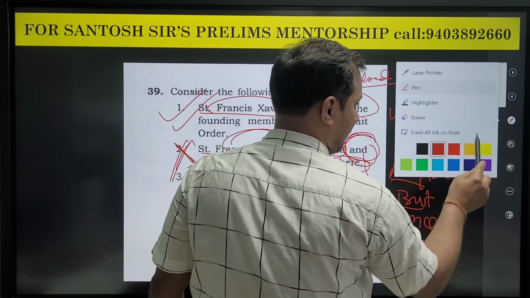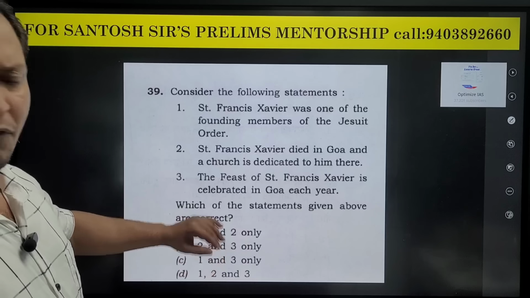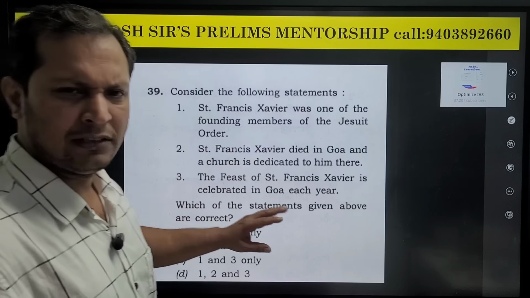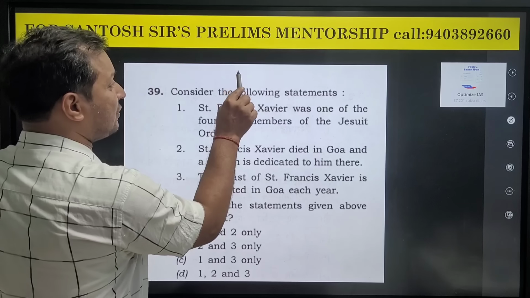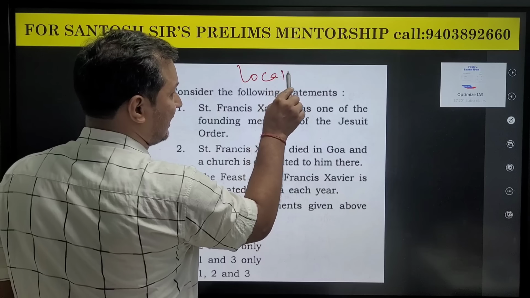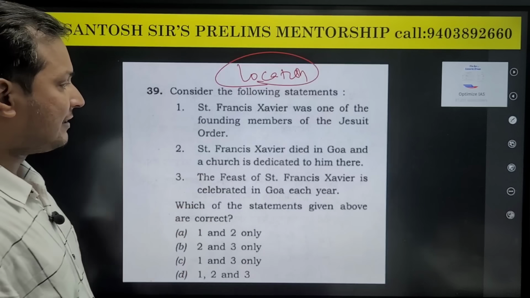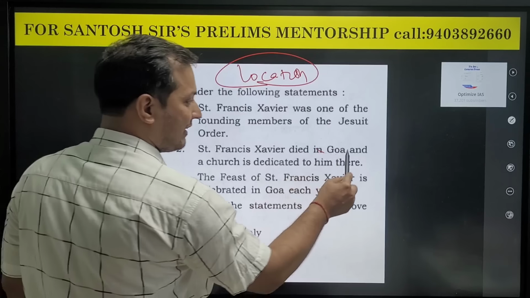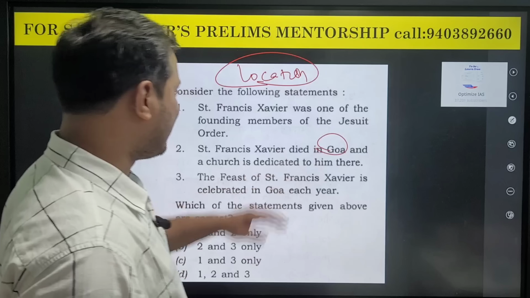Another logic I will give you. In UPSC, any question, history, geography, environment, it is easy to change the location. Location here means Goa; it is easy to change it with any other location.